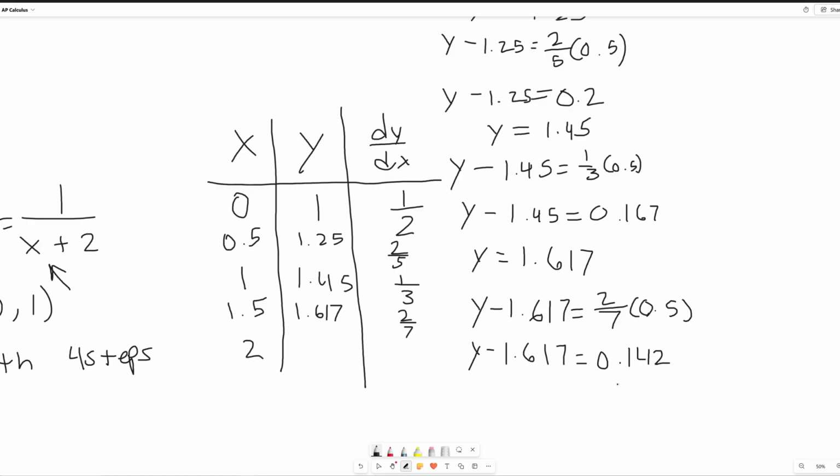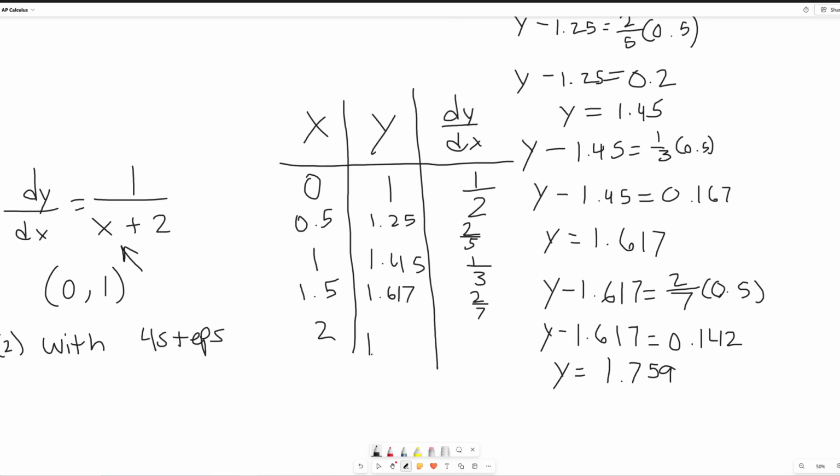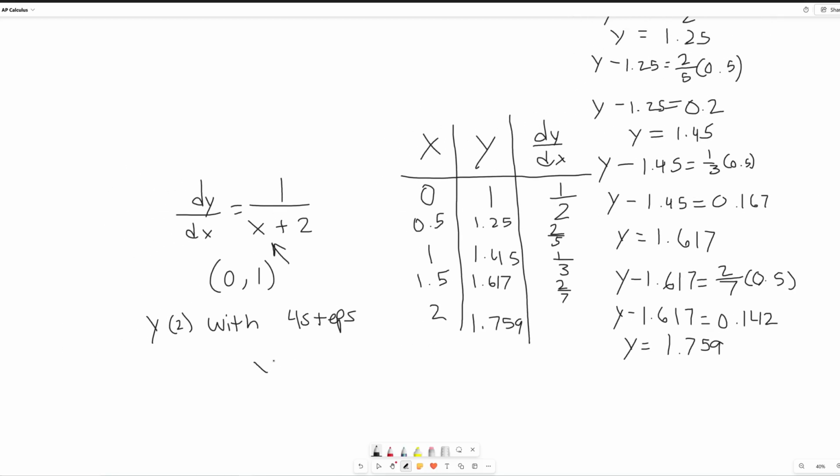And then you add that to 1.617. And then you get 1.76. That is y of 2 with 4 steps.